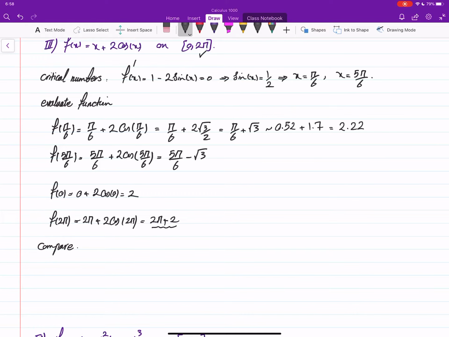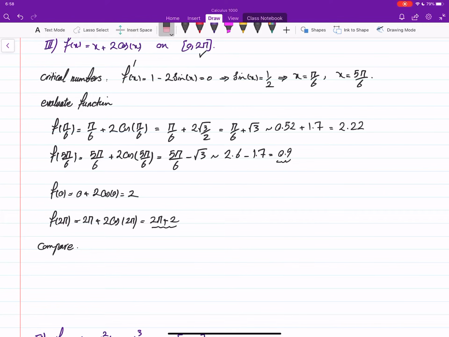So a little bit below 2.25. But if you do almost the same approximation here, you will notice that 5 pi over 6 is going to give us some number like 2.6 something, minus 1.7. This is definitely a number which is 0.9, definitely less than that number. And this is the smallest number we have here.